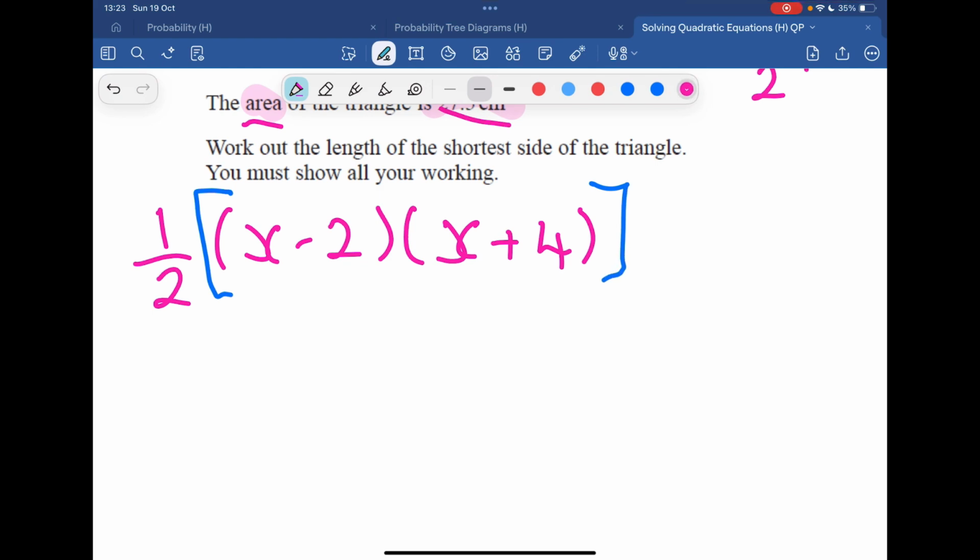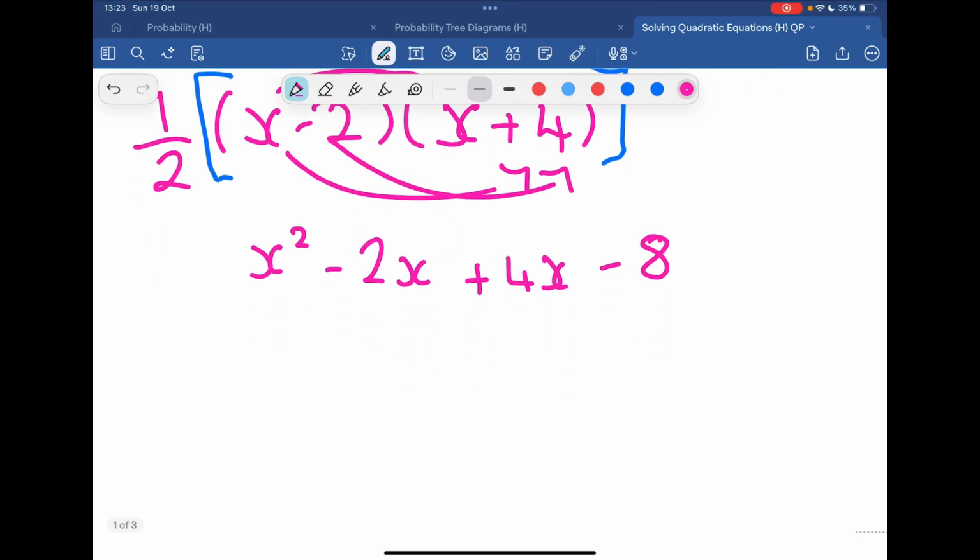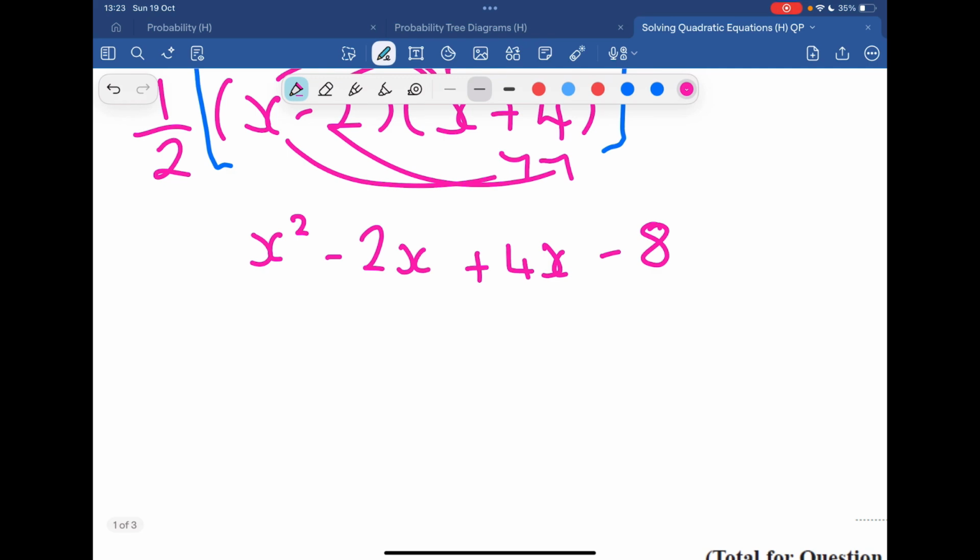So let's first and foremost expand these brackets. We're going to get x squared, we're going to have a minus 2x, and then we're going to have 4x, and we're going to have minus 8. So we can simplify this and we'll get x squared.